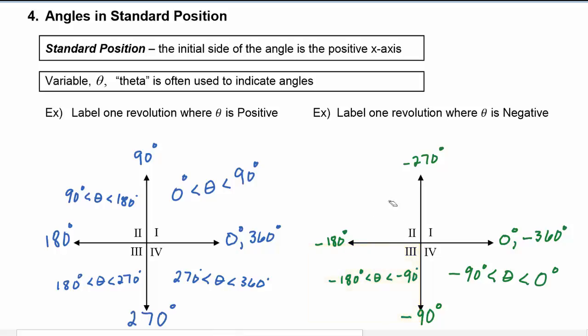If the terminal side lands over here in quadrant 2, then that will be between negative 270 and negative 180 degrees. And if the terminal side is in quadrant 1, then those angle measures will be between negative 360 degrees and negative 270 degrees.